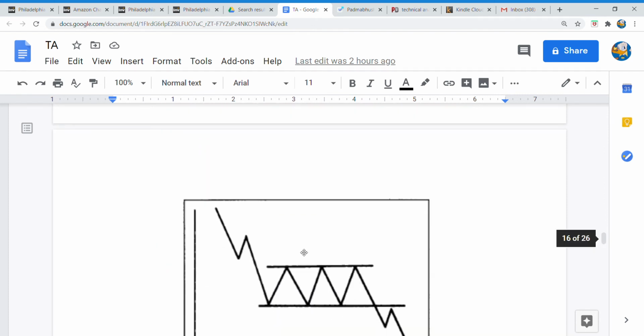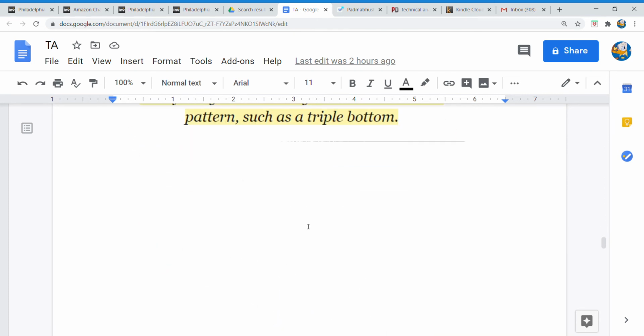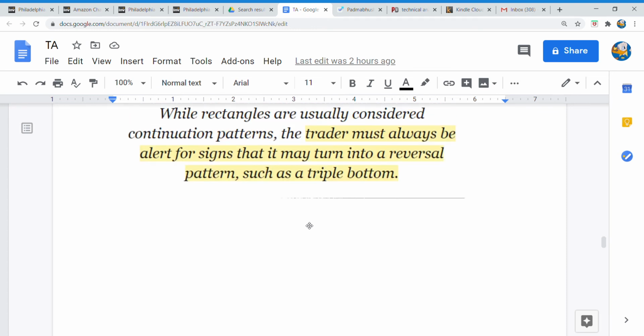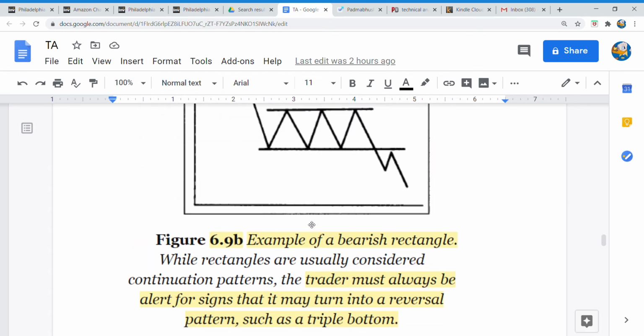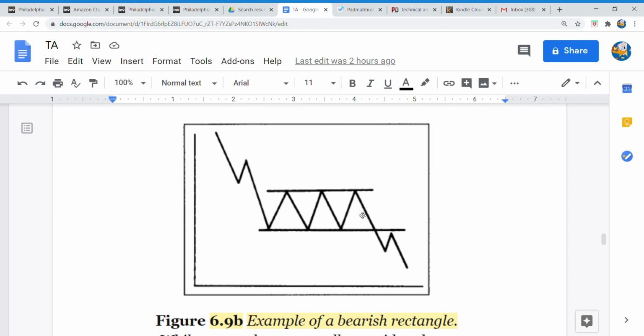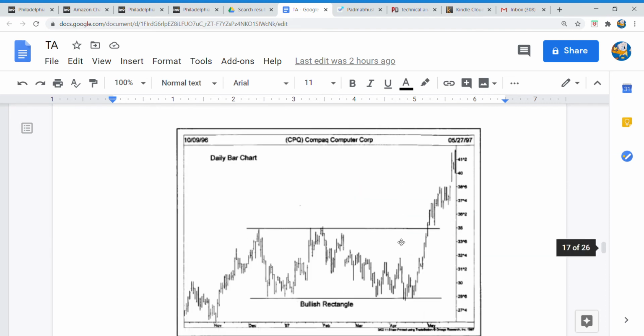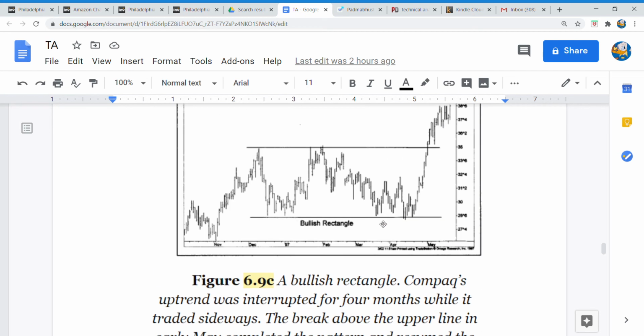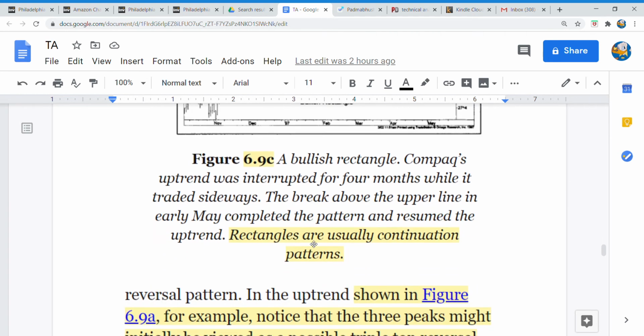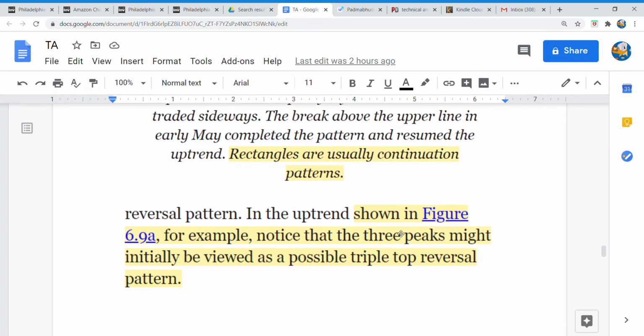So this is a bearish rectangle. This is also a bearish rectangle. This is a bullish rectangle. Rectangles are usually continuation patterns.